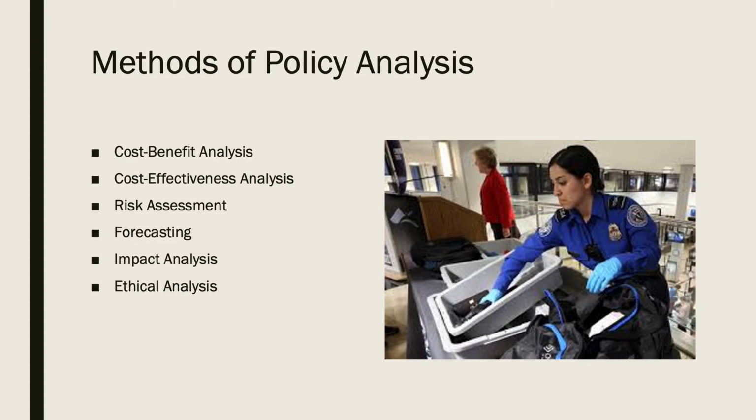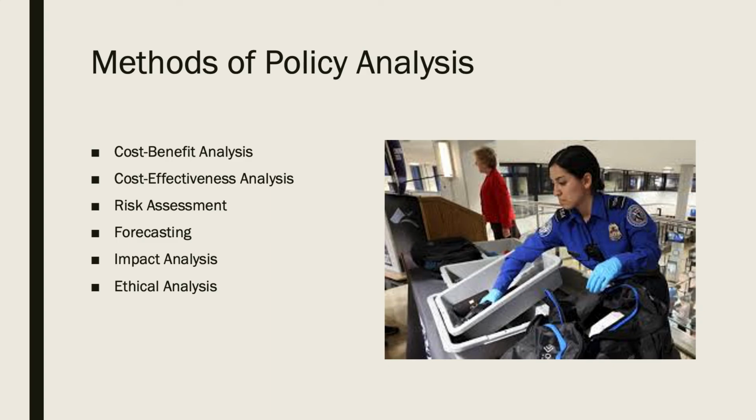So I want to take a few moments here to talk about some different methods of policy analysis. So there are economic approaches. These are very popular. They help us understand the true cost of governmental programs and the trade-offs involved in choosing one policy alternative over another. Cost-benefit analysis seeks to determine the benefits of the cost of policy options.